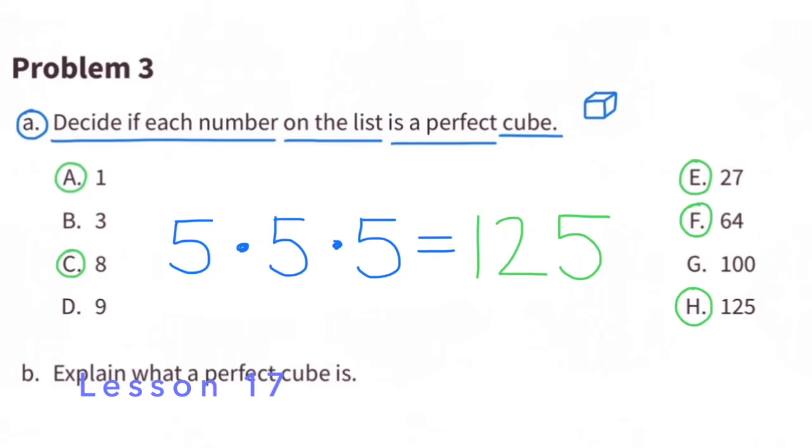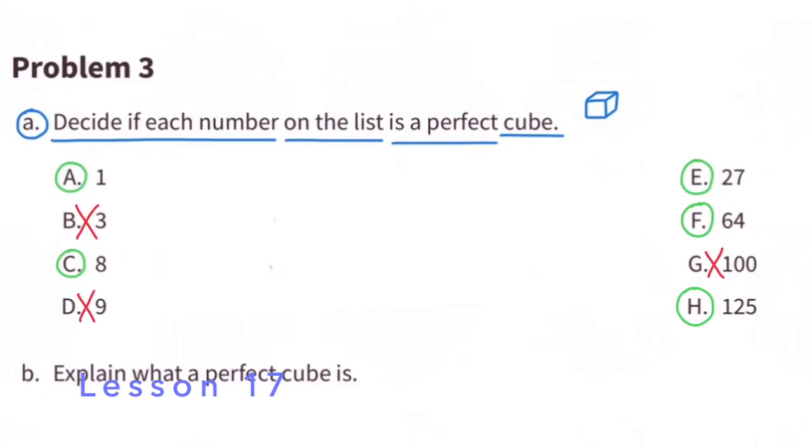So 125 is also a perfect cube. 3, 9, and 100 are not perfect cubes because there's no whole number that can be multiplied times itself that would have the result of either 3, 9, or 100. B. Explain what a perfect cube is.